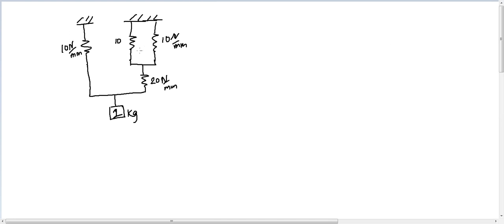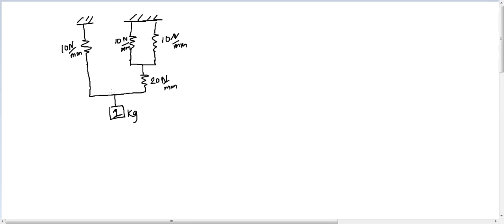Next question is: here is the 2 kg mass connected to springs like this, 10 newtons per mm. Here also 10 newton per mm, and here it is 20 newton per mm.